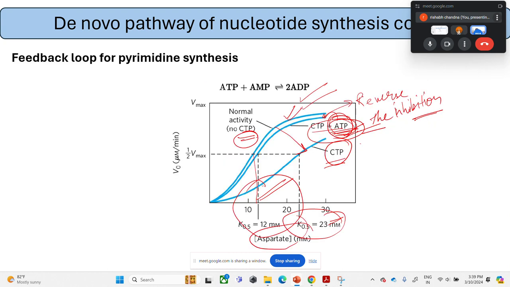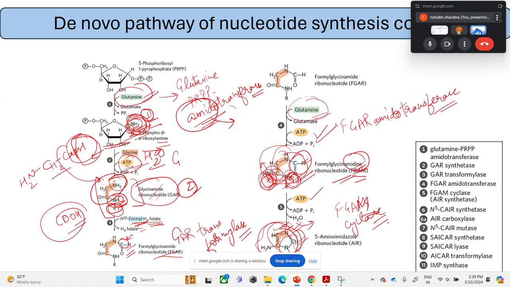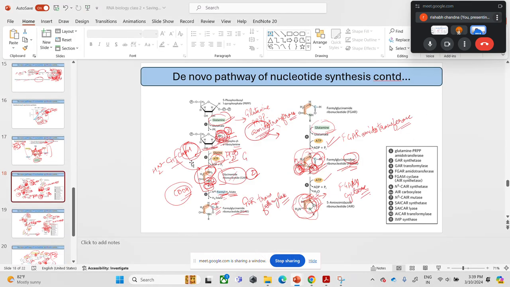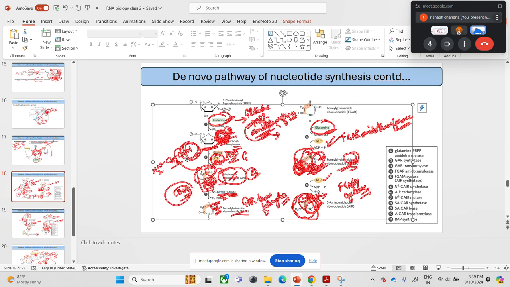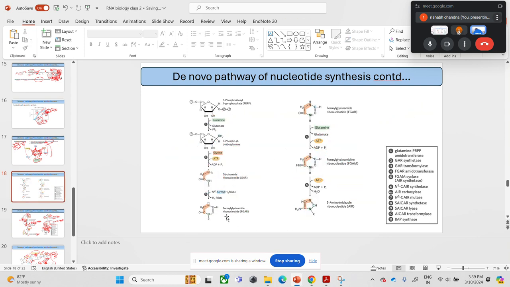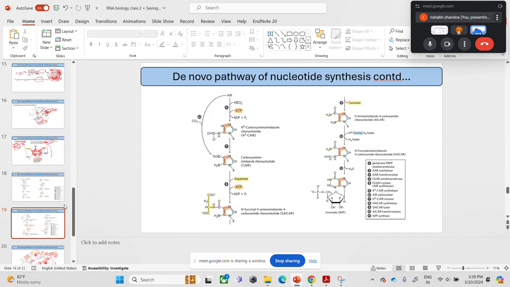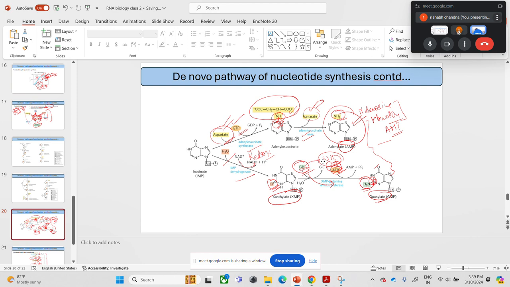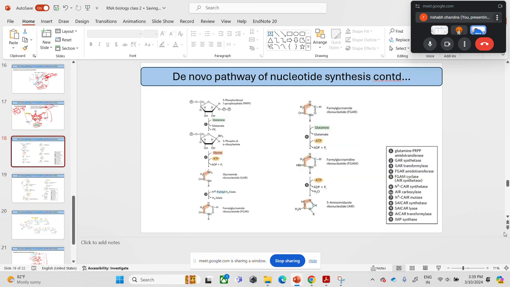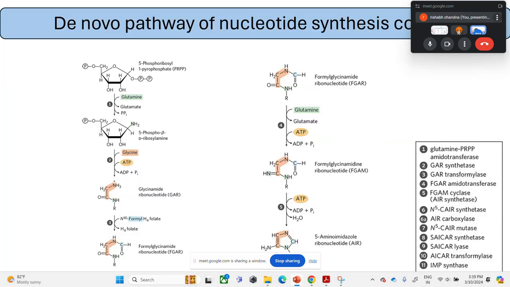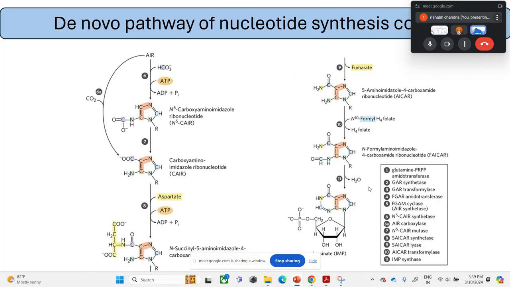Now comes the purine part. Can you see the slide for purine synthesis? Yes, sir.